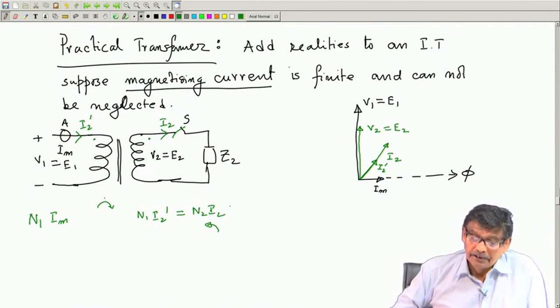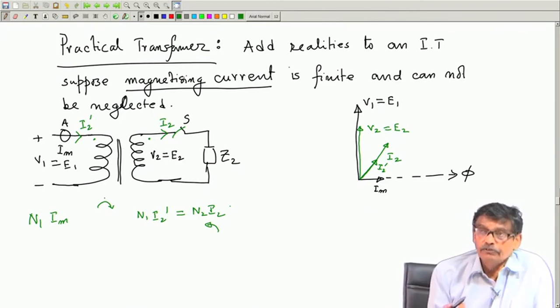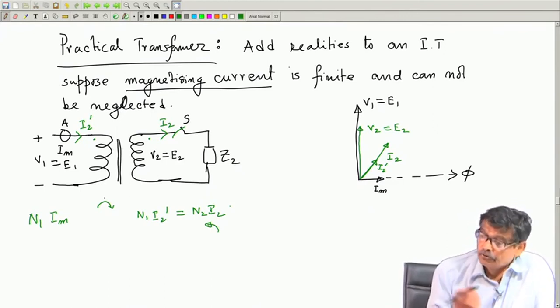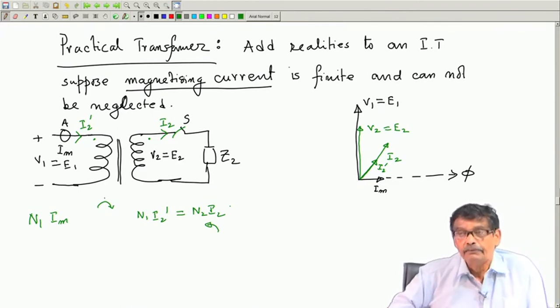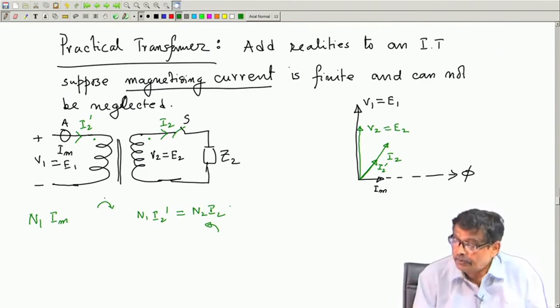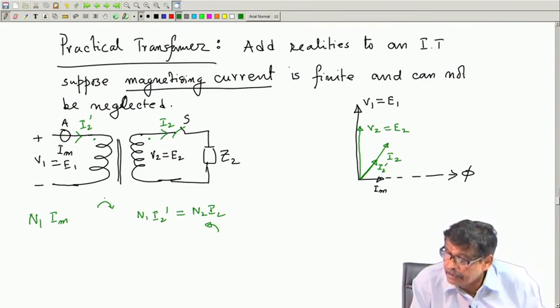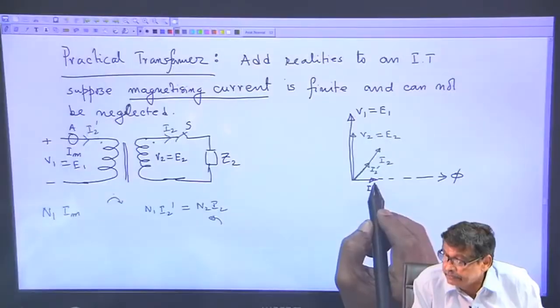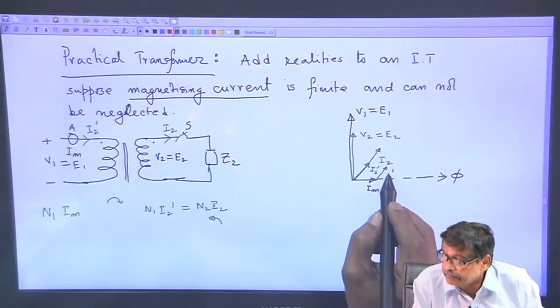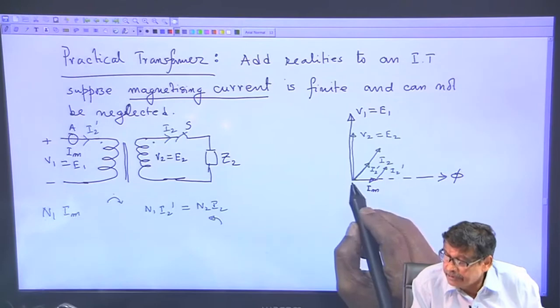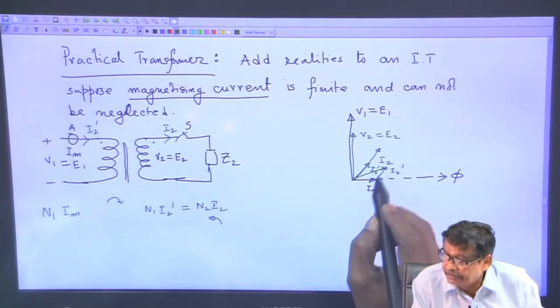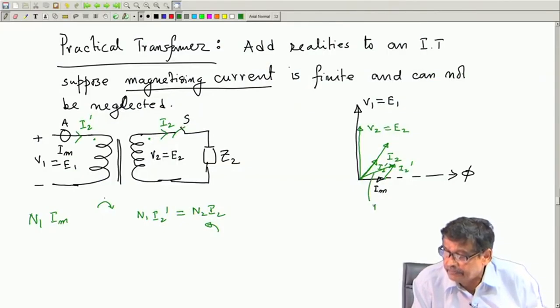Okay. But the question is, what will be the current drawn from the supply? So, current drawn from the supply will now have two components. One is the magnetizing component I m plus this I 2 dashed, and this will decide about I 1. Are you getting?